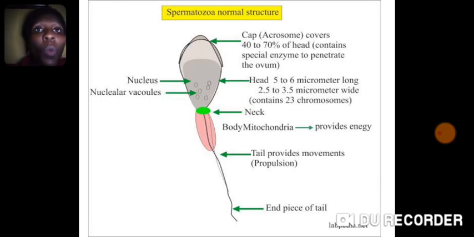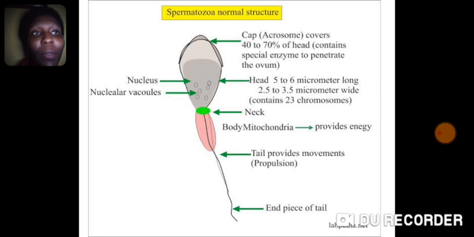This is actually one, so it's spermatozoon, Z-O-O-N, the suffix or the latter part. Like we said, the spermatozoon or the sperm cell has three major regions: the head, the midpiece, and the tail.